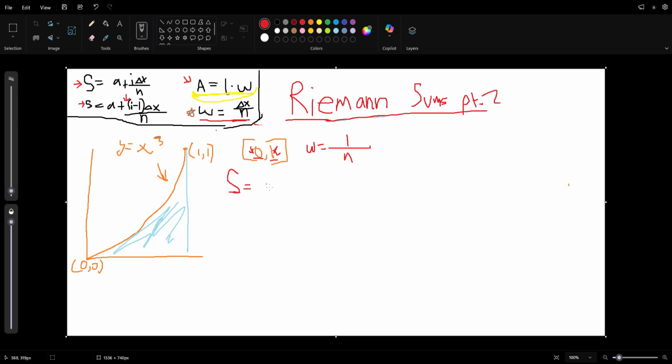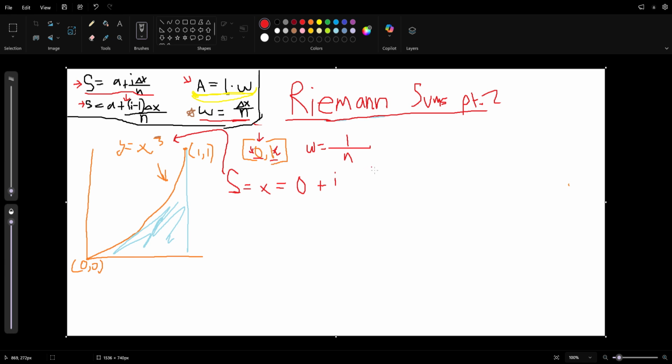Now, big S is equal to x, which is what we'll be plugging back into this equation. So big S is equal to x, which is equal to this equation at the top left. I'm highlighting it right now. A, which is just the first value in the endpoint list, which is just 0, plus i times delta x.